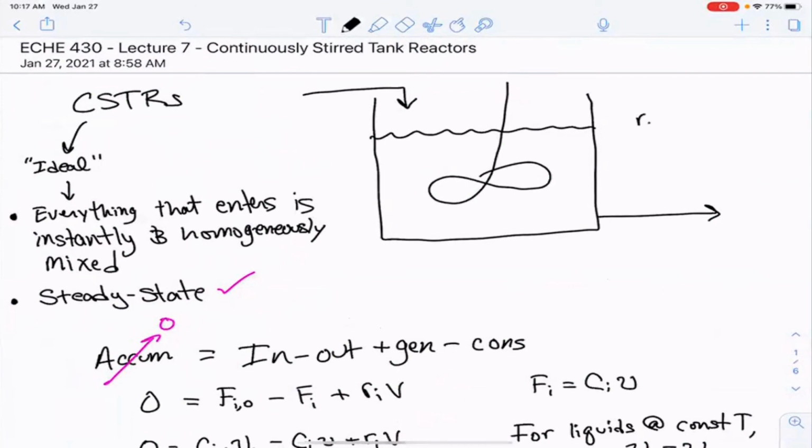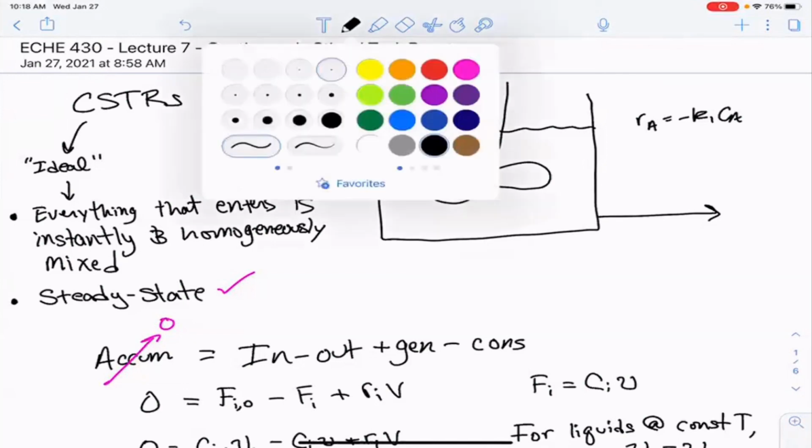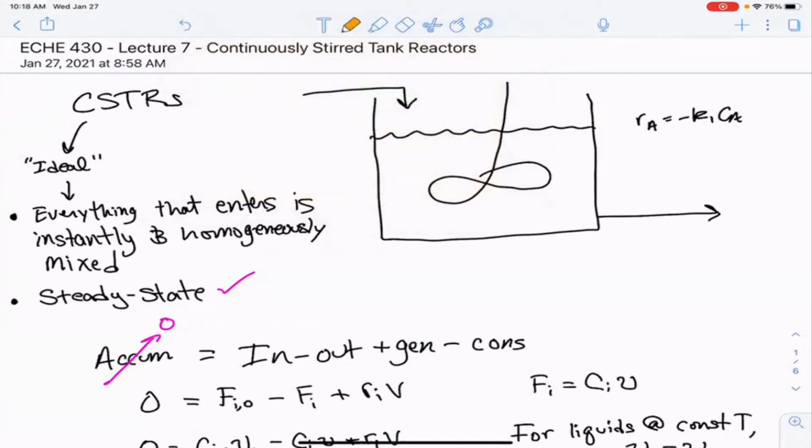And remember our rate law, RA is minus K1 times CA. So if you're continuously adding A to a larger and larger reactor with a larger and larger volume, you decrease CA. And when you do that, you decrease the number of collisions that are going to happen inside of the reactor. So the overall reaction rate is low. And in fact, the thing to remember about CSTRs, and it's really one of the limitations of them, is that the reactor is always operating at the lowest concentration.